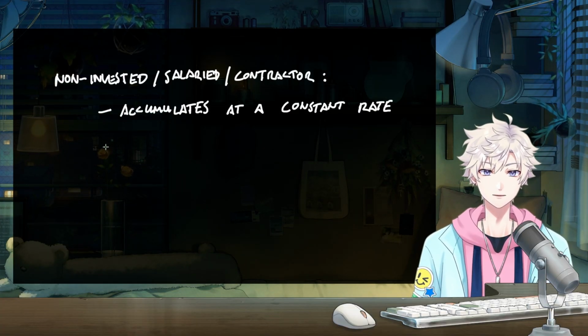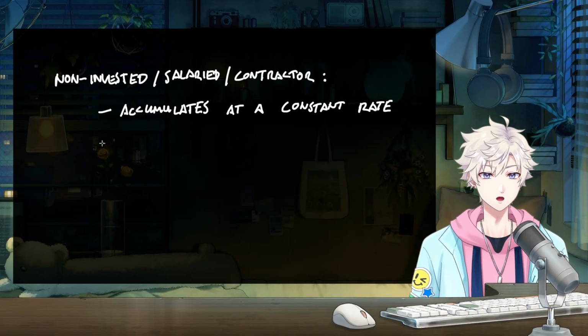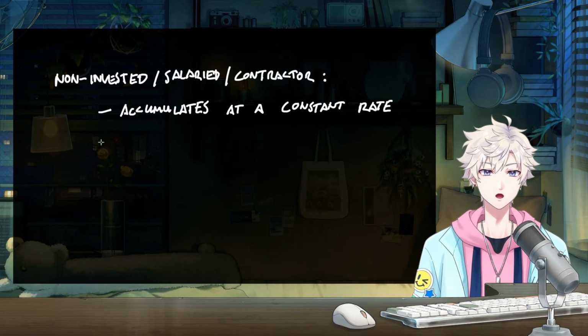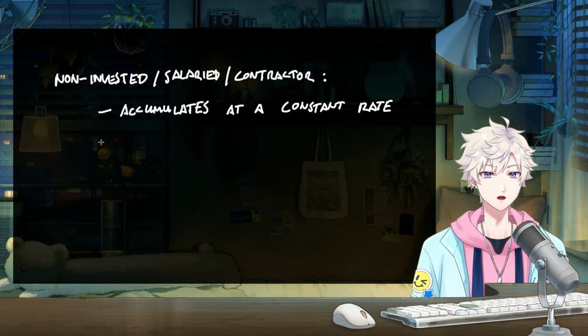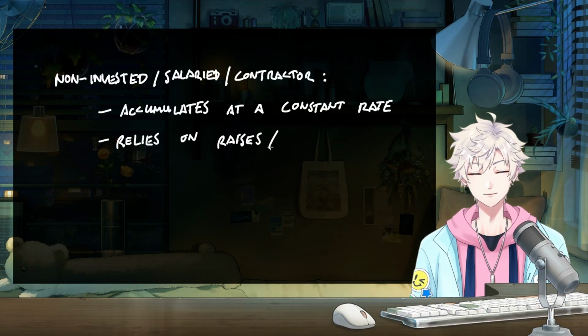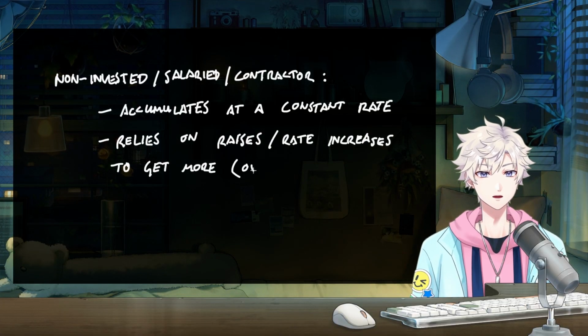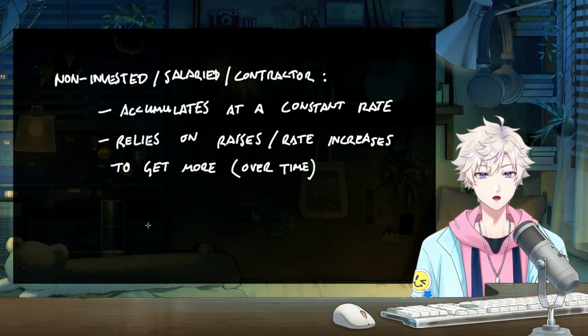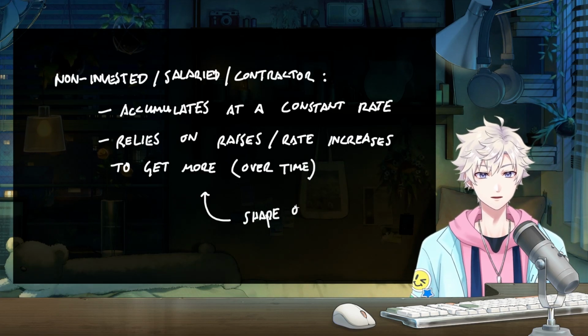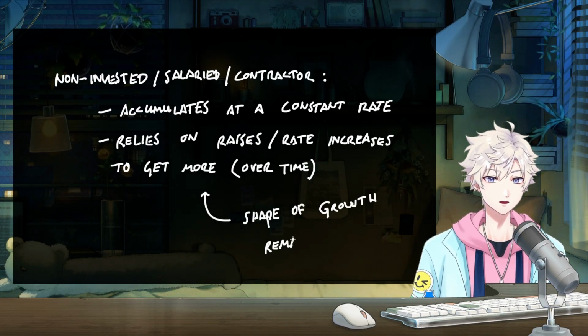And so in order to get more money per unit time, the worker, the laborer, relies on rate increases. So they have to get a salary increase, they have to get an hourly wage increase, and that's how they end up getting more. But the shape of that growth remains unchanged. It's always a line.